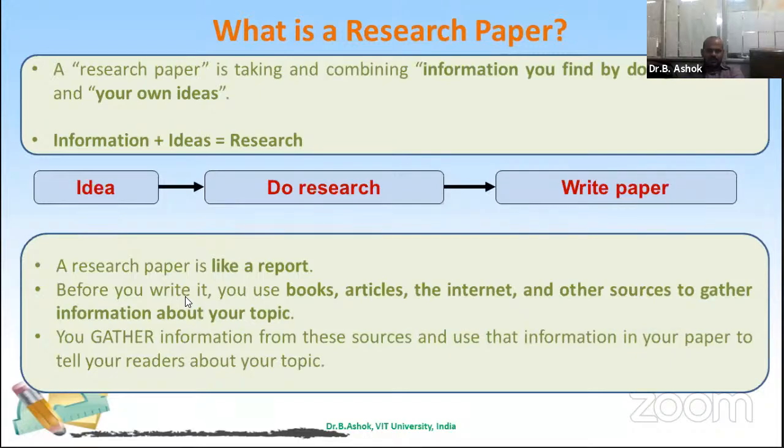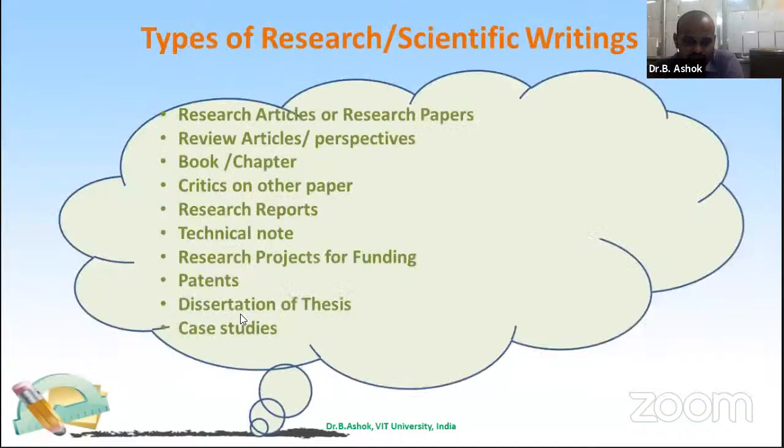So before you write, you can use any previously published books, or articles, or internet sources, and by means of that gathered information, you can do topic finalization. So whatever information you gather can be very well utilized for converting into the paper.